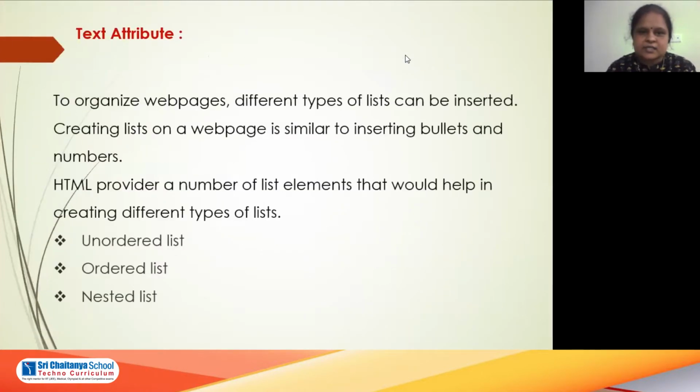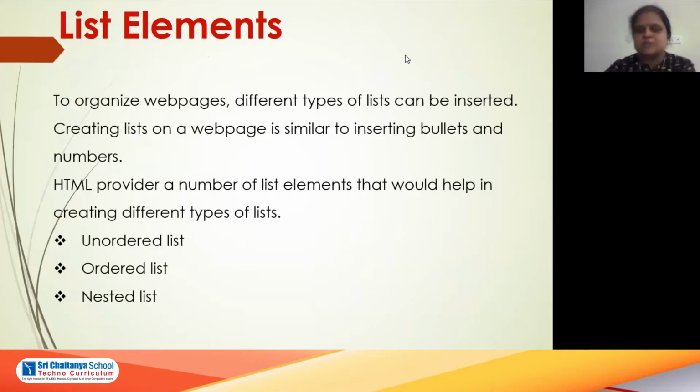What is the next tag? Next is list elements. What are these list elements? Before we proceed, let us see what a list is. You might have seen in Word, we have taught you how to create bullets and numbering. You can see on the screen: ordered list, unordered list, and nested list.